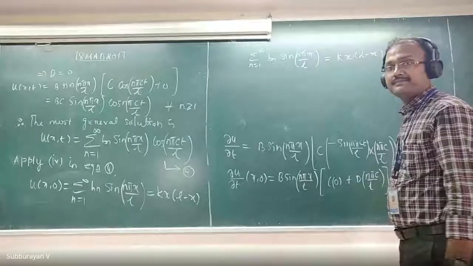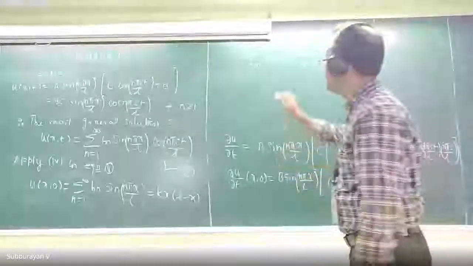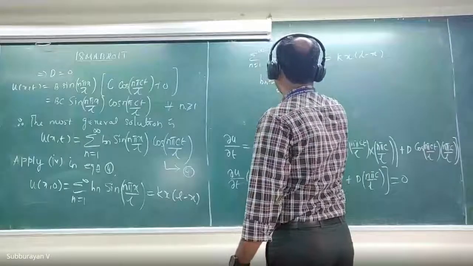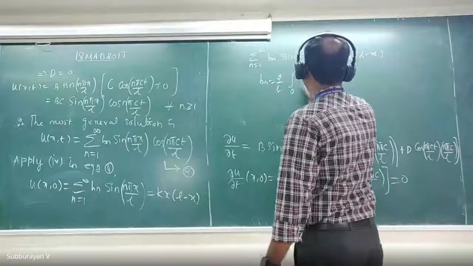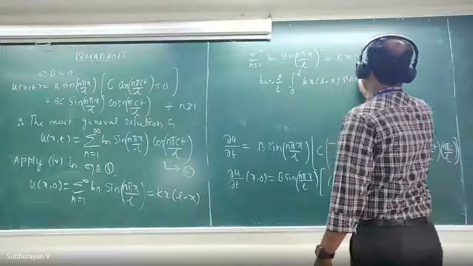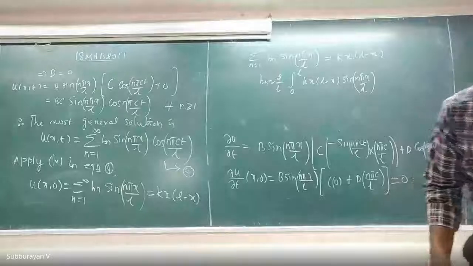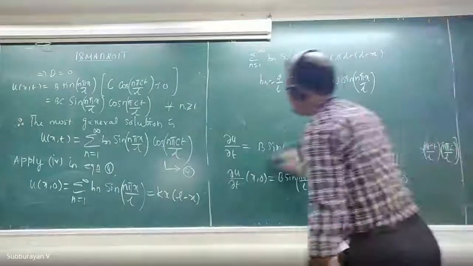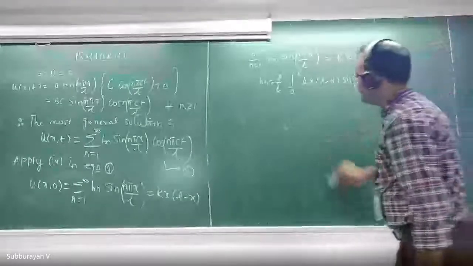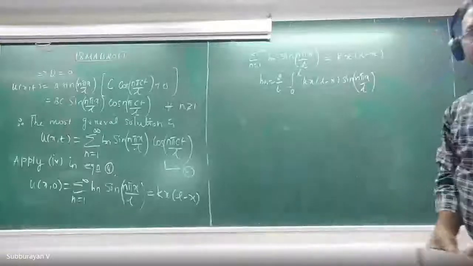If this is a half range sine series expansion, then our bn is equal to 2 by L integral 0 to L of kx into L minus x into sin n pi x by L. Already we discussed this problem in the Fourier series chapter.